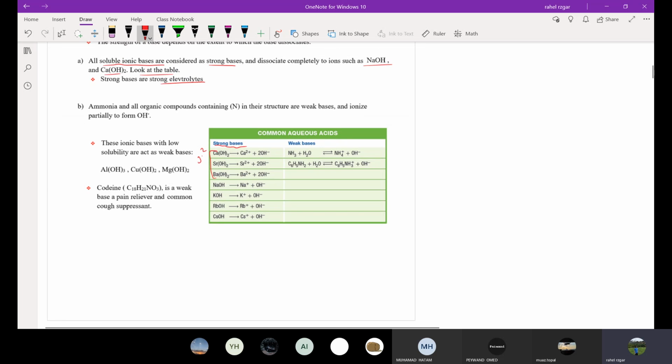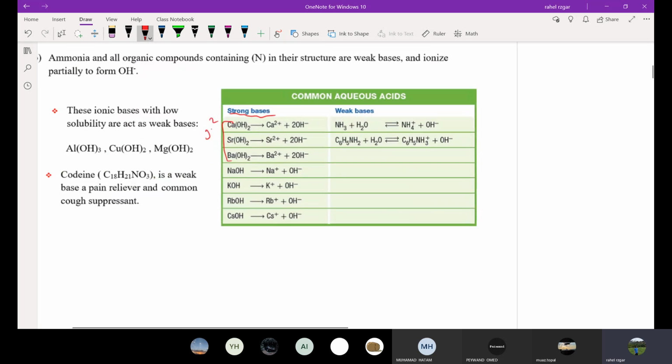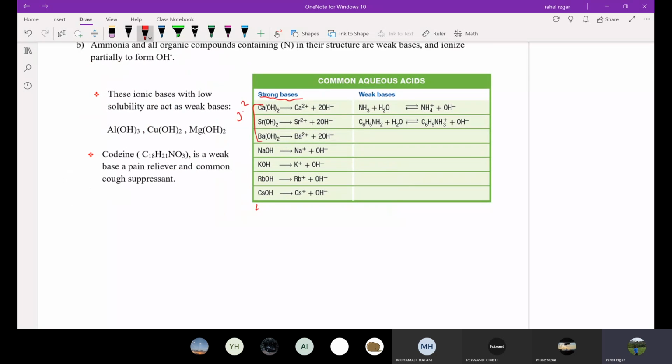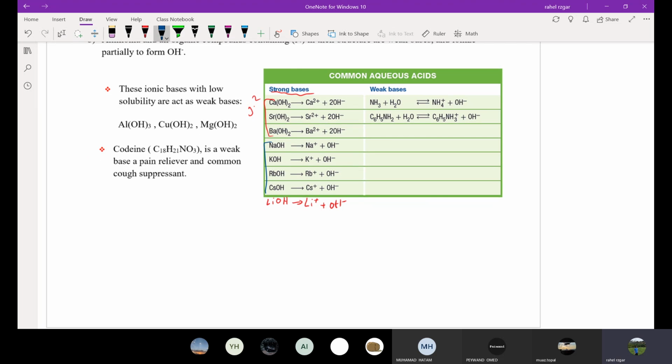And please add lithium hydroxide. All of these here are group 1 metals with OH, which become strong bases.